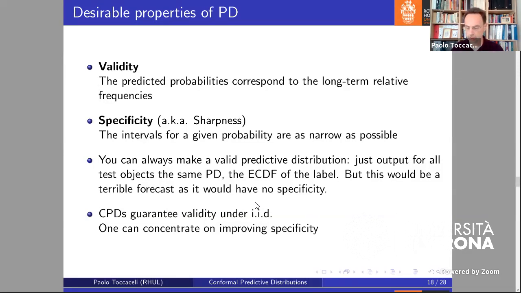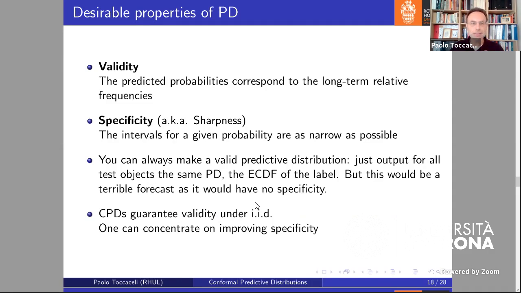And of course, this is to be toned down by saying that this is within statistical fluctuation. But for conformal predictive distributions, this is assured as long as the IID assumption is verified.